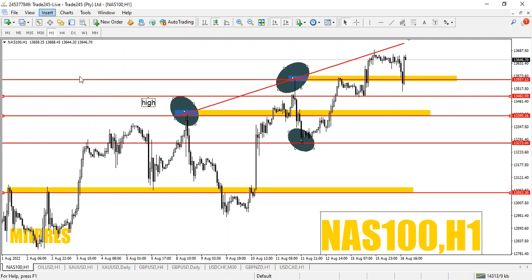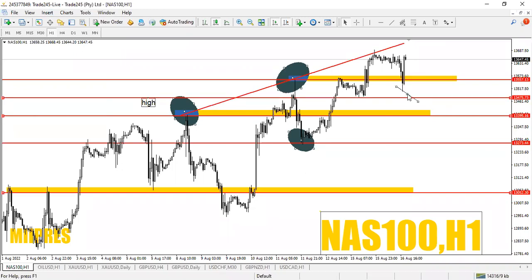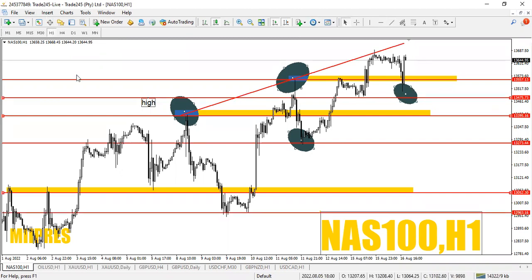Because I want you to notice something. And that's basically another low. This is the point the market reached. And I'm gonna mark that there, and basically another high.